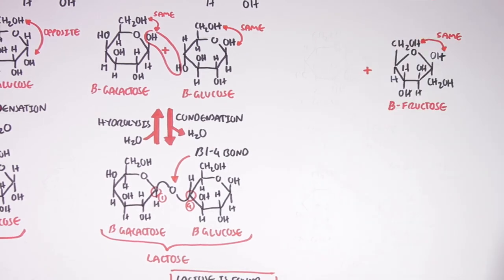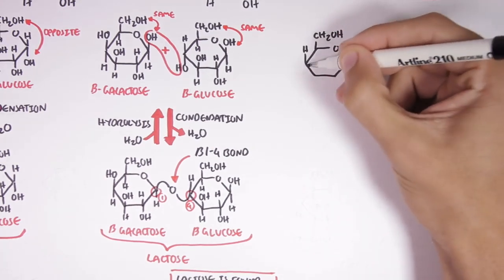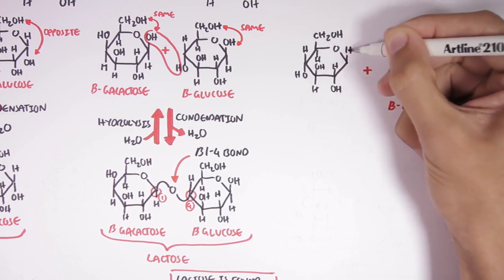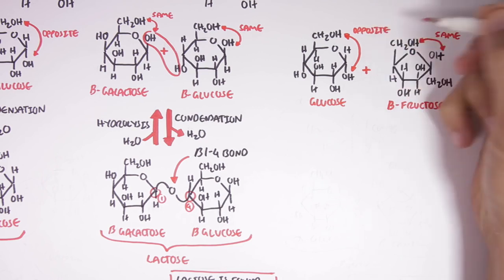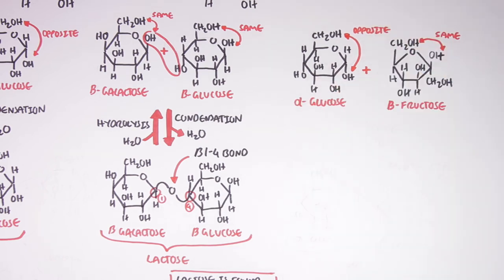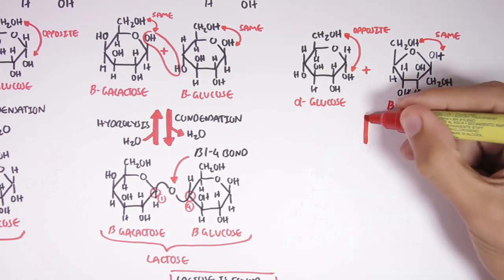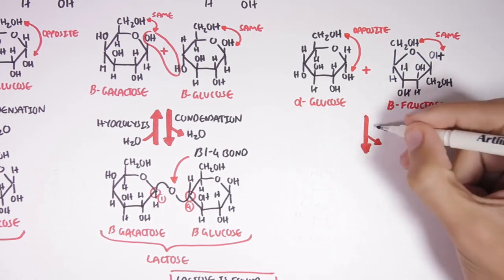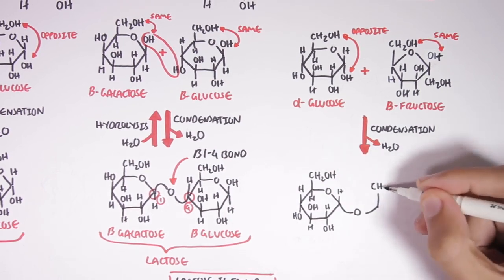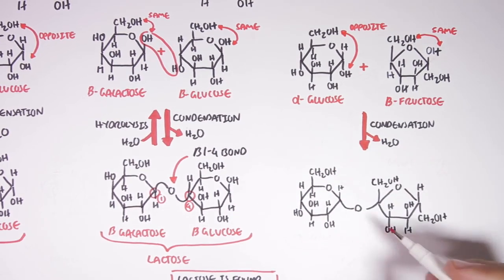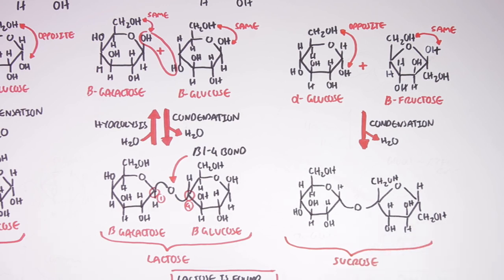The third type of disaccharide I want to talk about is where we form a bond between one glucose molecule and one fructose. This glucose molecule is an alpha glucose because as you can see, the hydroxyl and carbon number 6 are pointing in the opposite direction. So glucose and fructose can form a link, and through the condensation reaction, removal of water, it can form a disaccharide called sucrose.